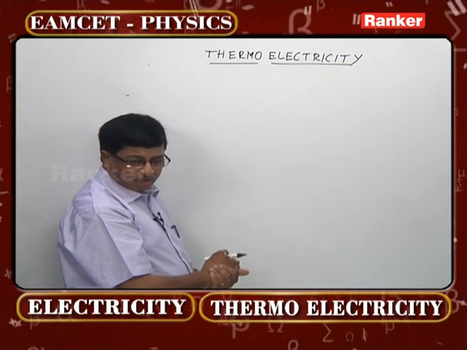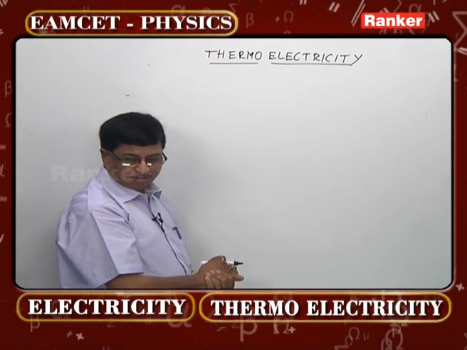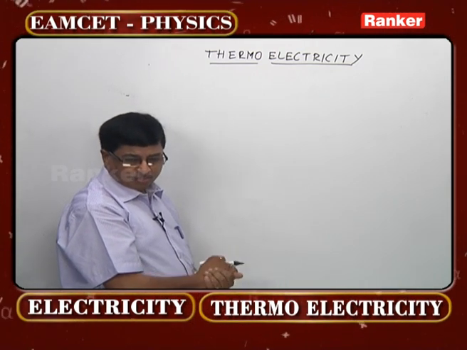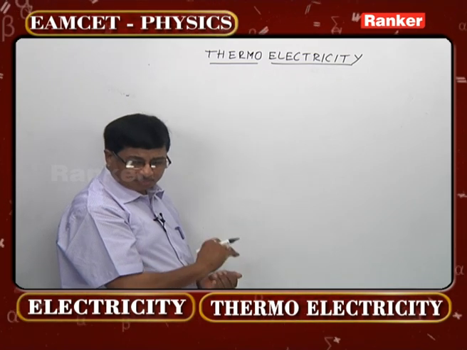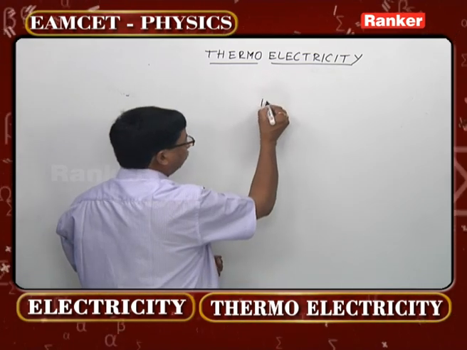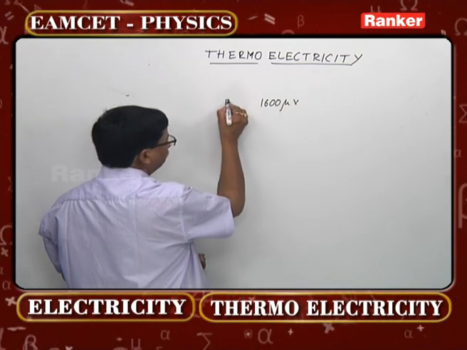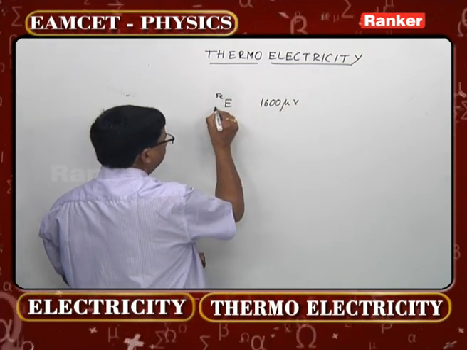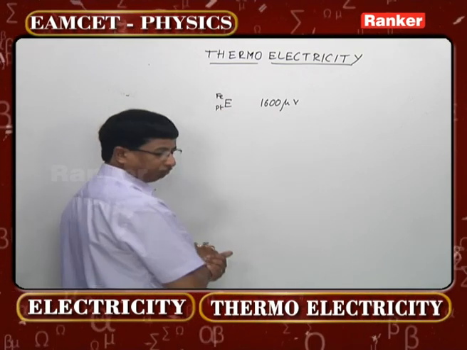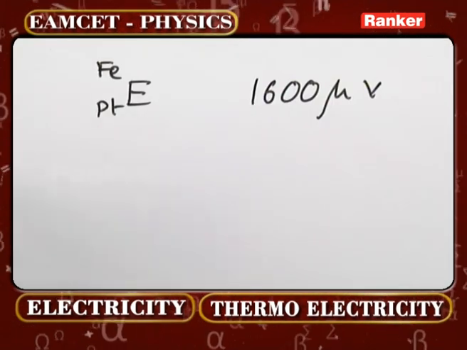Now you look at the values given first of all. What he said? It generates thermo EMFs. Iron platinum gives 1600 microvolt. That has been given here. That is iron platinum. So I take iron here, platinum here. And of course what is the next one?